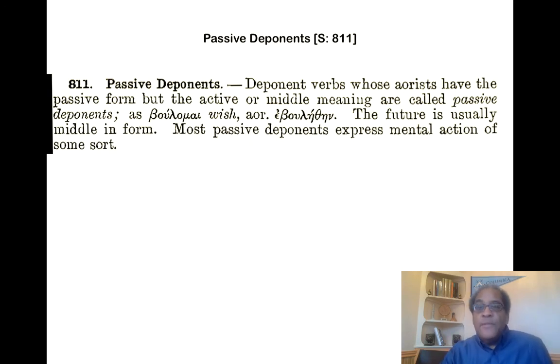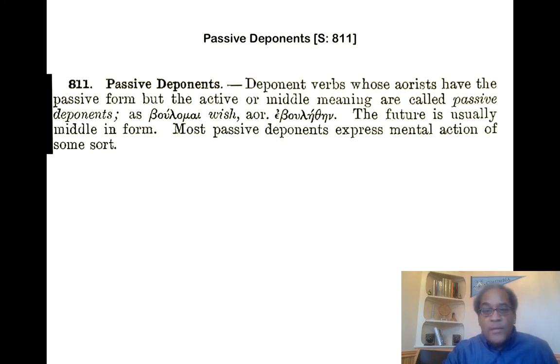Now, the final thing that's important talking about aorist passives are these things called passive deponents. Now, deponent verbs are generally verbs that have active meaning with either middle or passive form. So deponent verbs whose aorists have the passive form but an active or middle meaning are called passive deponents.